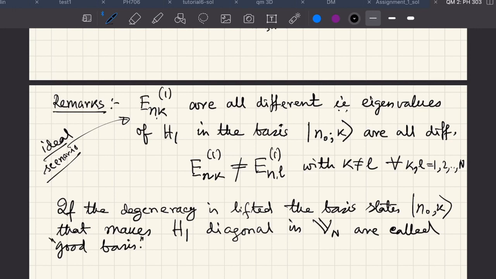So basically when you are doing degenerate perturbation theory, the thing that you look for is this good basis states.